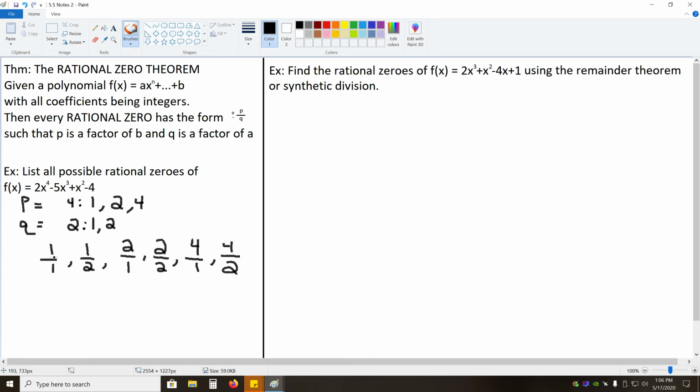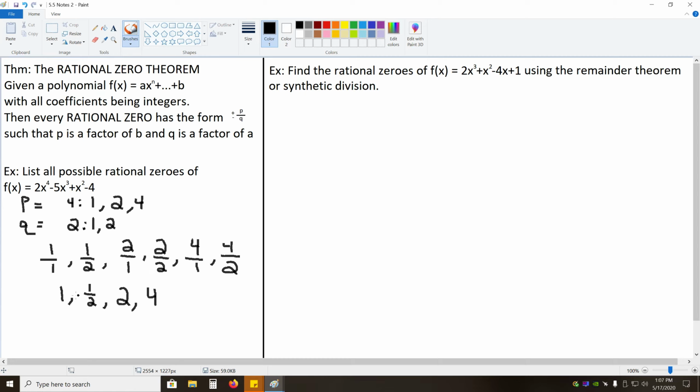So simplifying these, we have 1 over 1 is just 1, 1 over 2 is just 1 over 2, 2 over 1 is 2, 2 over 2 is 1, we already have that, we don't need to rewrite it, 4 over 1 is 4, and 4 over 2 is 2, which again we already have.